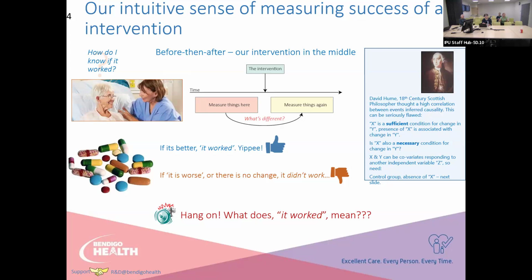And then the issue comes, what does it mean if it's worked or not? How do we know if our intervention has worked? That's where the rubber hits the road with statistics and how we try and quantify what it means if our intervention has worked or not. Next one.